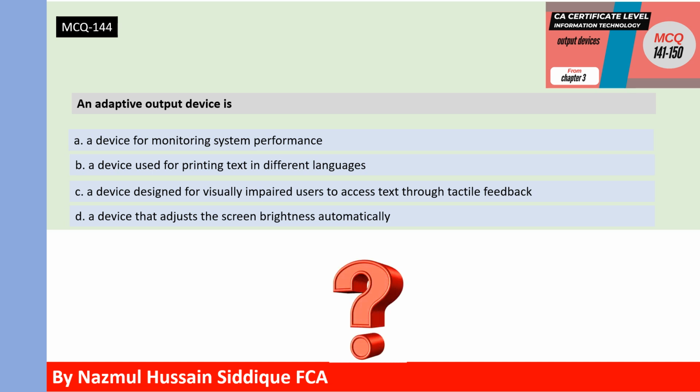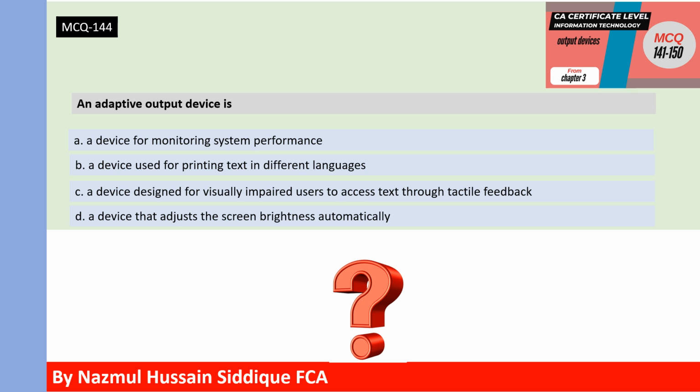The question is, an adaptive output device is what? Is it a device for monitoring system performance, or a device used for printing text in different languages, or a device designed for visually impaired users to access text through tactile feedback, or a device that adjusts the screen brightness automatically?